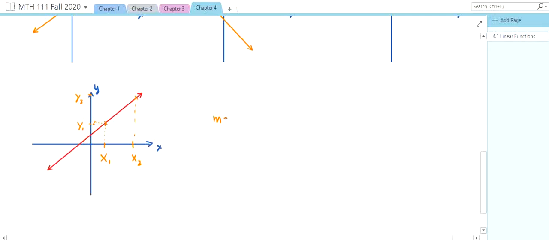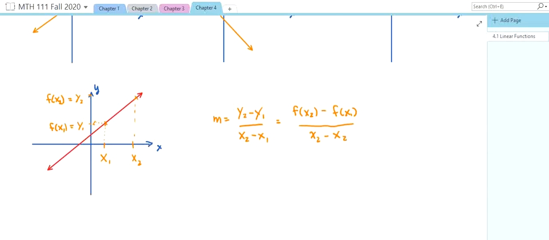So the slope was the difference between y2 and y1 divided by x2 minus x1. Another way of looking at this is that y2 is really a function of x2, and y1 is a function of x1. So we could say the slope is the function of x2 minus the function of x1 divided by x2 minus x1. Just another way of looking at it.